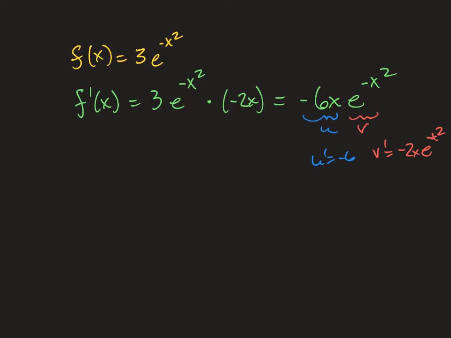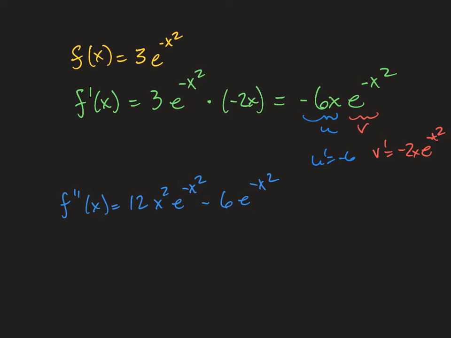That means our second derivative, if we run through the product rule, is going to be u v prime. So that's going to be positive 12x squared e to the negative x squared plus v u prime, which would be minus 6 e to the negative x squared.